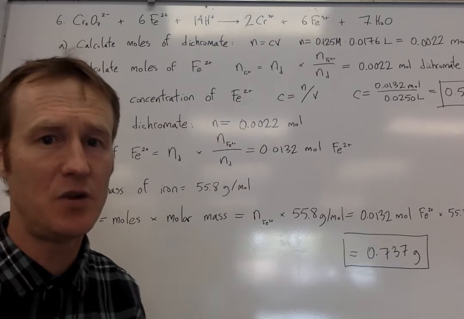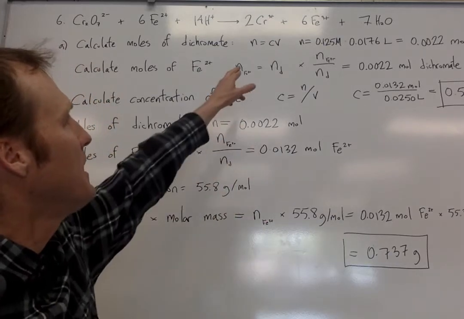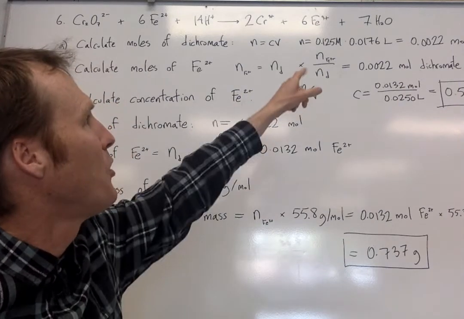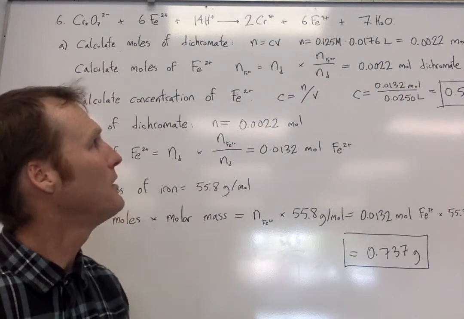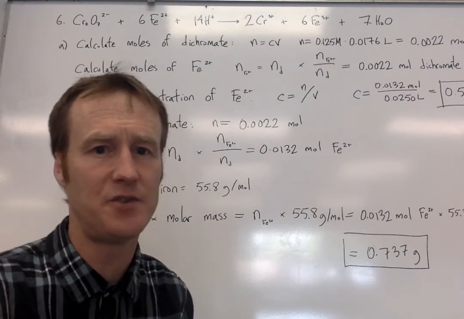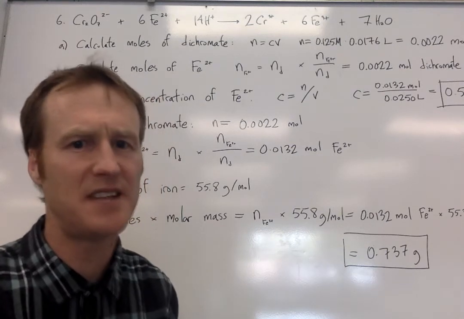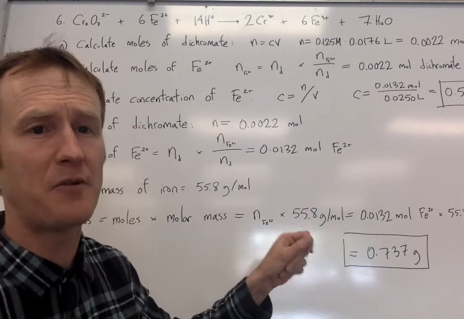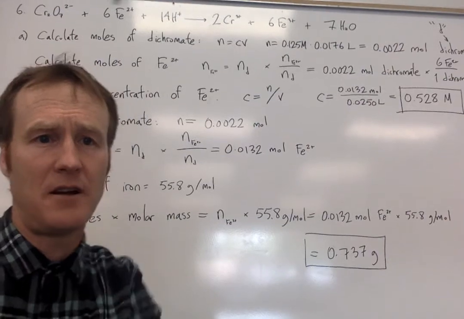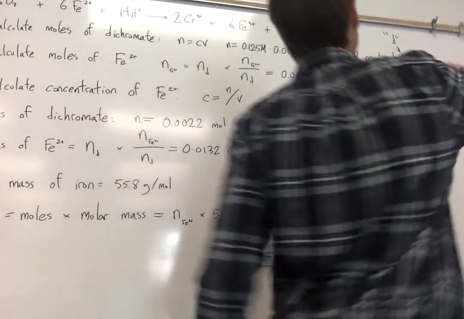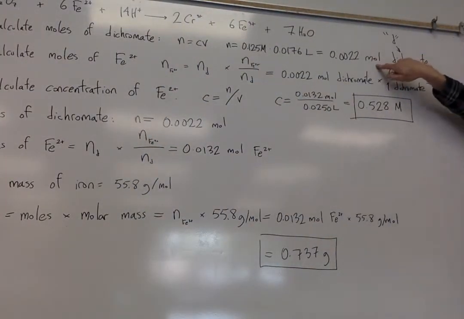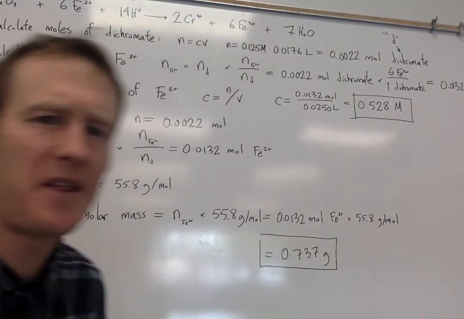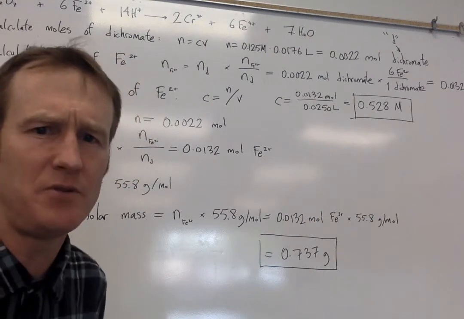It works for an aqueous solution or any solution. n, molar amount, equals 0.125 molar multiplied by your 0.0176 liter solution. 0.0176, that's the same thing as 17.6 milliliters. So what we get from that is 0.022 moles of the dichromate ion. I'm writing a little bit of extra stuff up there to make sure I don't lose track of what I'm counting.